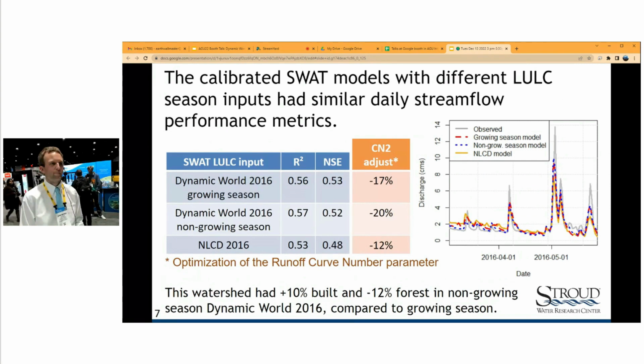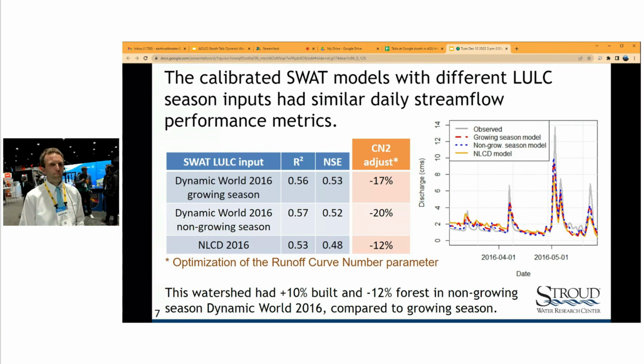And finally, for our third case, the most complex, we found that when our Soil and Water Assessment Tool hydrologic models were all calibrated separately with the different land cover season inputs, we could achieve similar performance for simulating daily stream flow by adjusting model parameters.